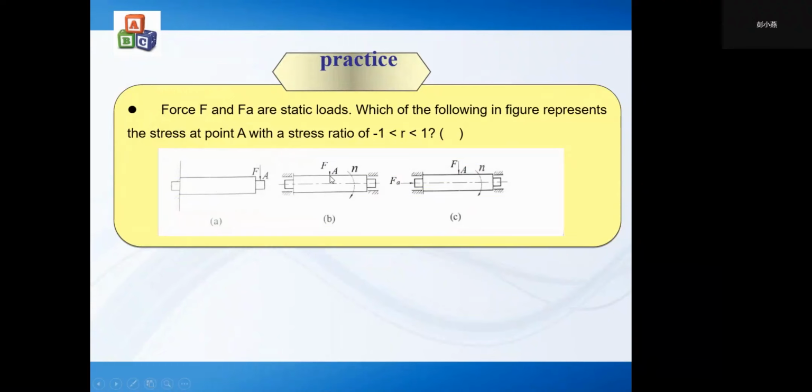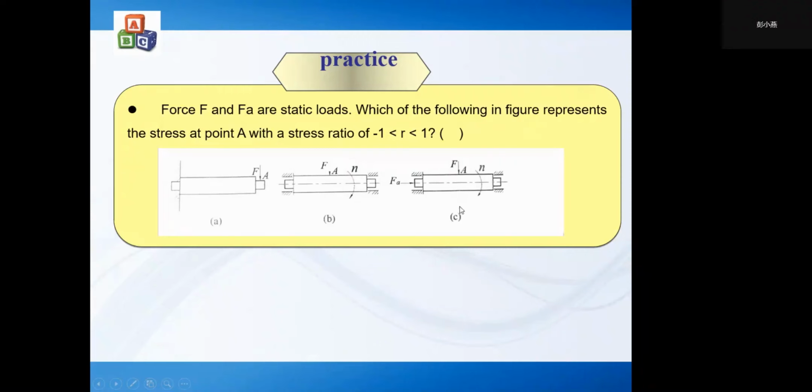For B, the stress ratio is -1. For A, because the stress is static stress, the stress ratio is +1. And for B, the completely reversed stress, the stress ratio is -1.